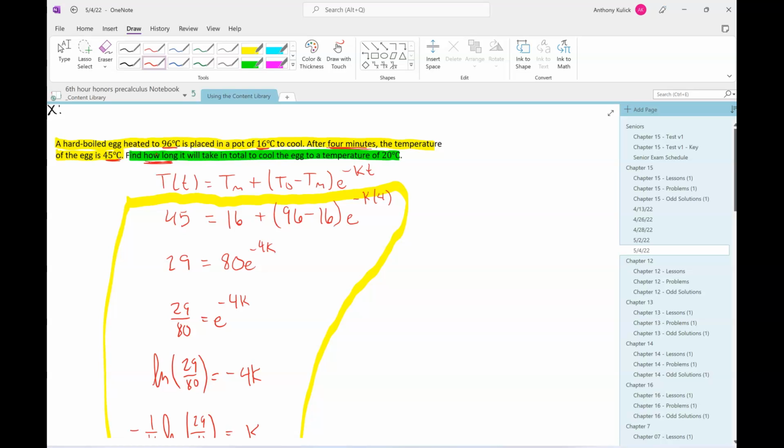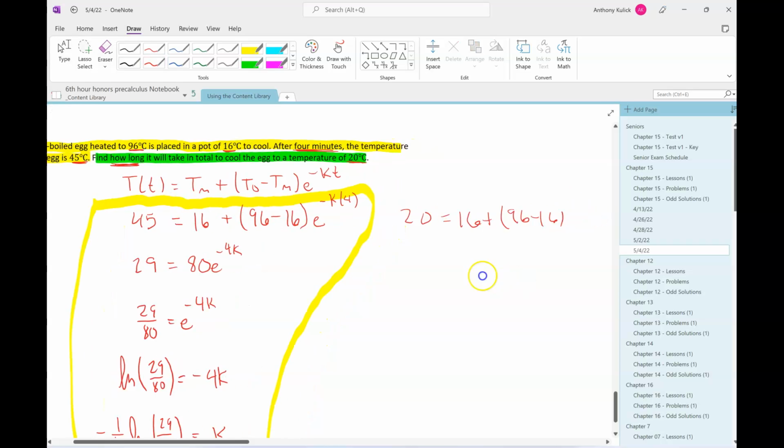Good. And it says, how long will it take in total to cool the egg to a temperature of 20 degrees? So what is the 20 degrees? That's the T of T. Have the temperature of the surroundings changed? No, man. Has the initial temperature changed? No, man.